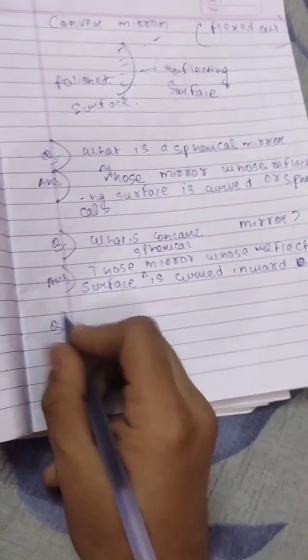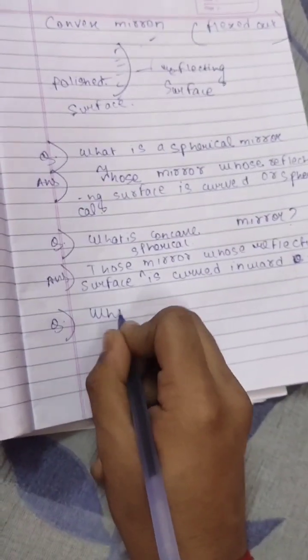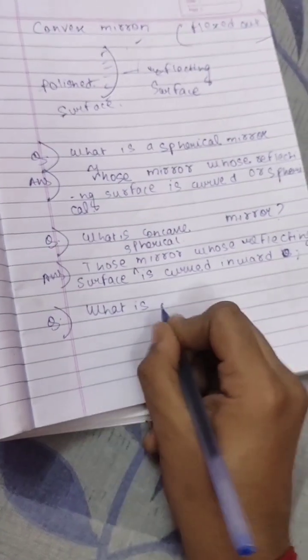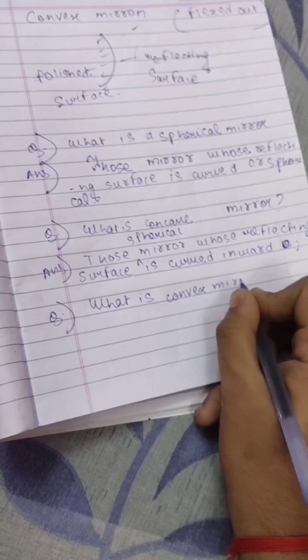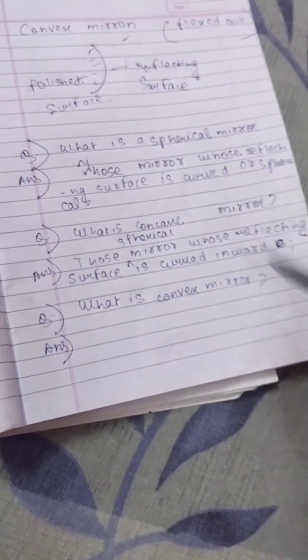And another question: what is a convex mirror? Again the same, the only difference is that the reflecting surface is curved outward.